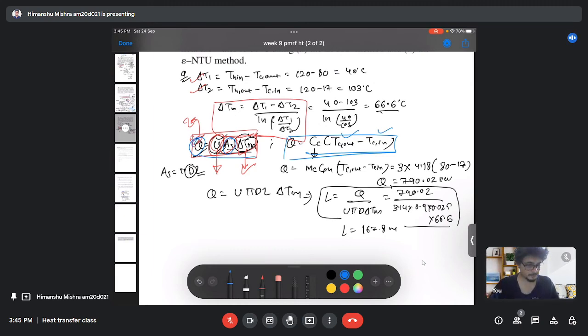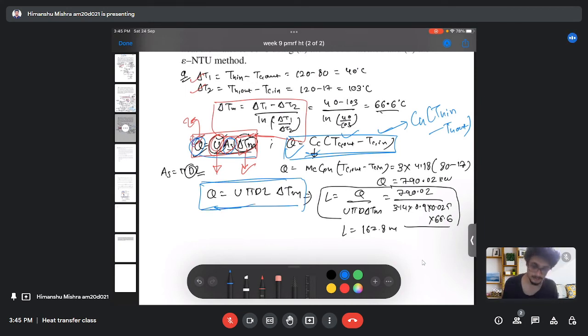Then you would use that relation for the hot fluid, with h in minus h out. From this relation you find Q, and once we get Q, we use the log mean temperature heat relation to find the dimension of the heat exchanger. Now we will be using the NTU method for solving the length.